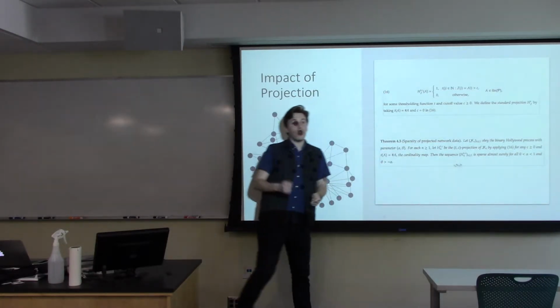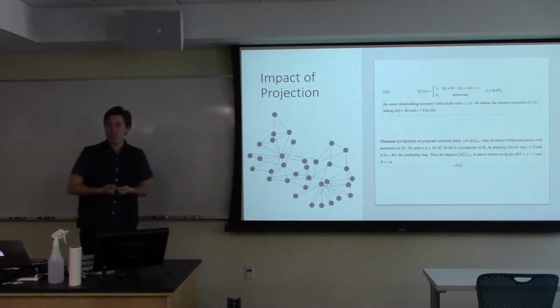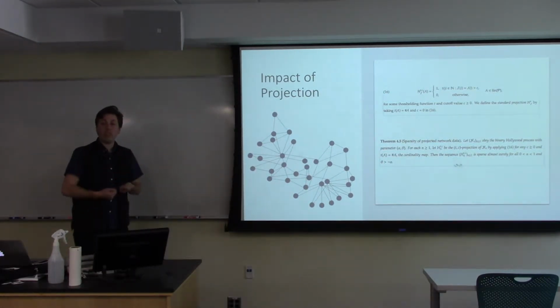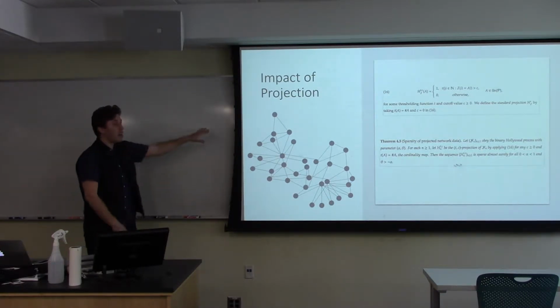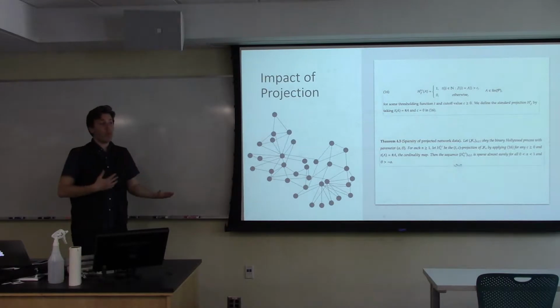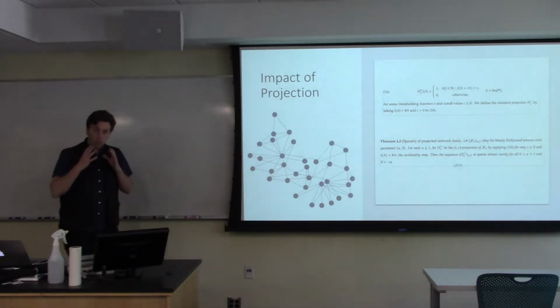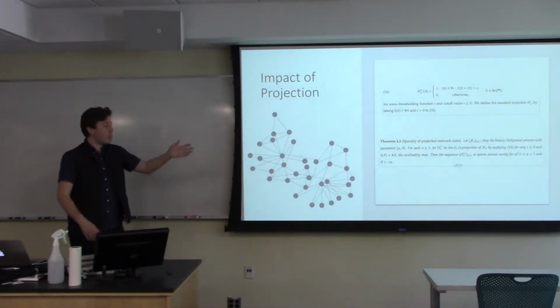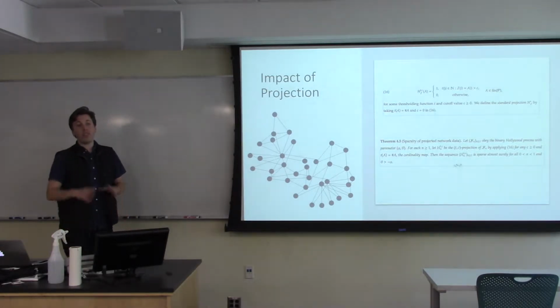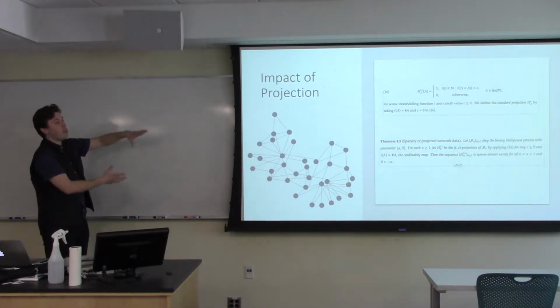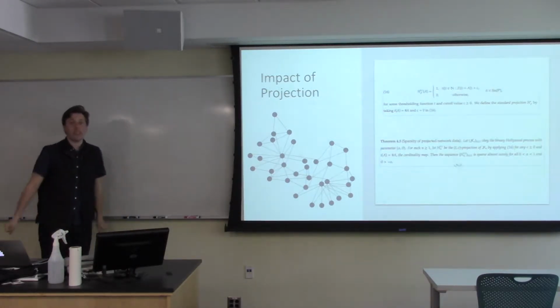So by doing the thresholding operation, you are changing the sparsity of the underlying thing. If you maintain the object, you could be sparse or dense, but if you do the thresholding, you're always studying a sparse object. So this is just my one slide on the impact of projection and thresholding.